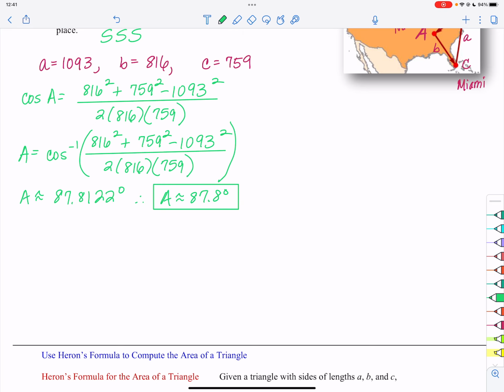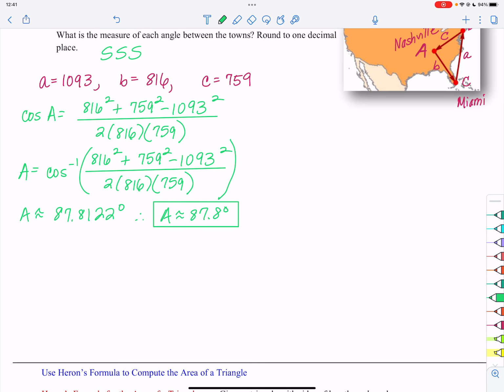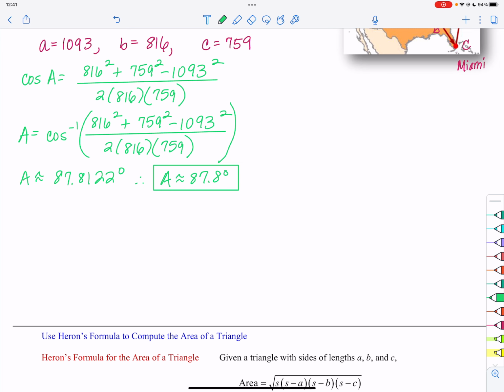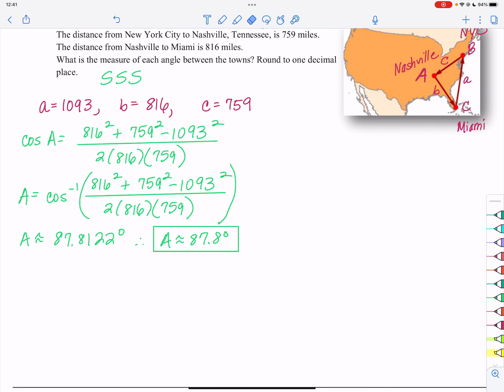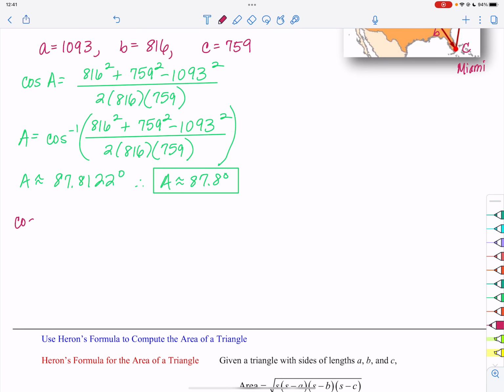Okay, so now let's find angle B. So we see that angle B is equal to, and let's try this.